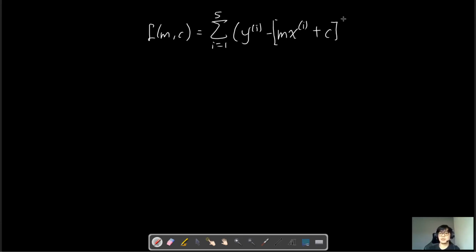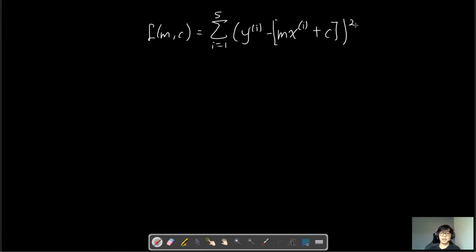All right, so let us now try to solve for the objective function. Recall that our objective function, parameterized by m and c, is the summation of i equals 1 to 5 of (y superscript i minus (m x superscript i plus c)) squared.